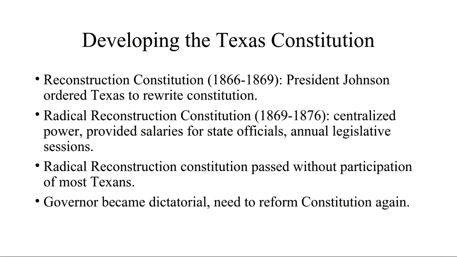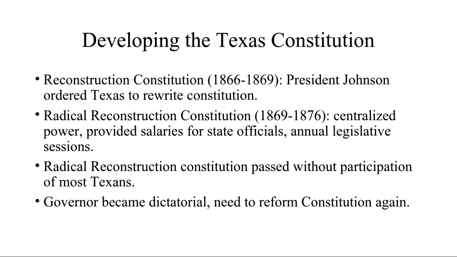So the Radical Reconstruction Constitution allowed African Americans to vote and to serve in office, centralized power, created an annual legislative session, and said you have to pay your state officials.